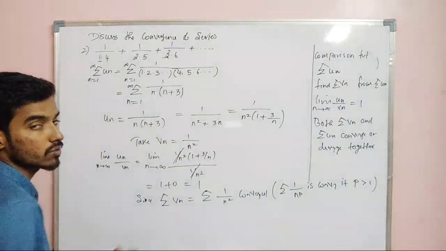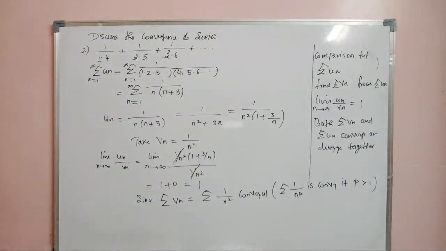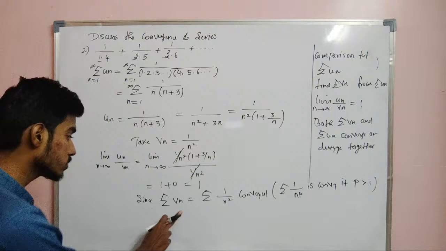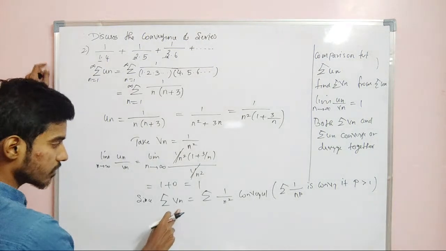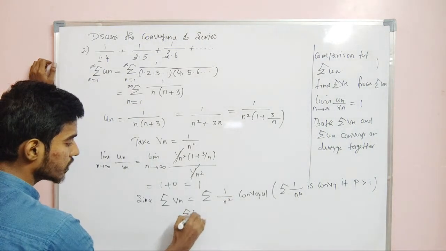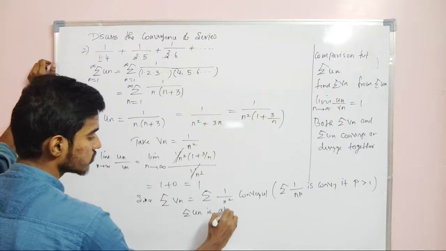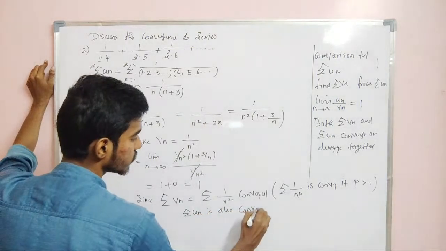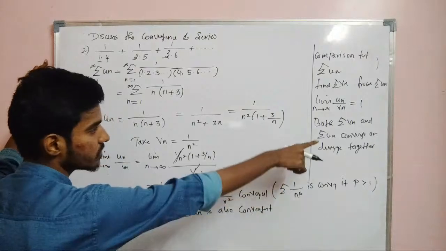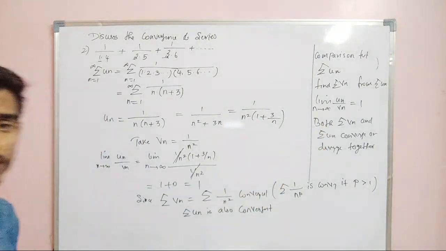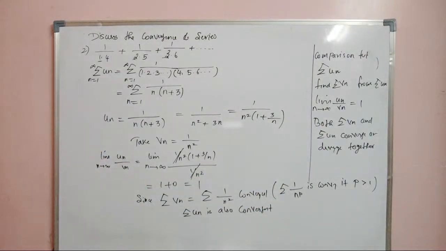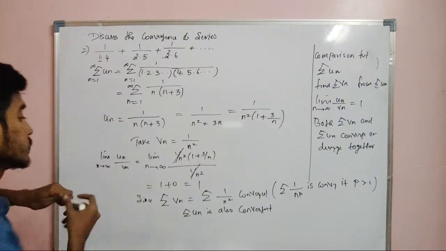Here p is equal to 2, which is greater than 1. Therefore summation vn is convergent. Since summation vn is convergent, summation un is also convergent by the comparison test. So therefore this series is convergent.